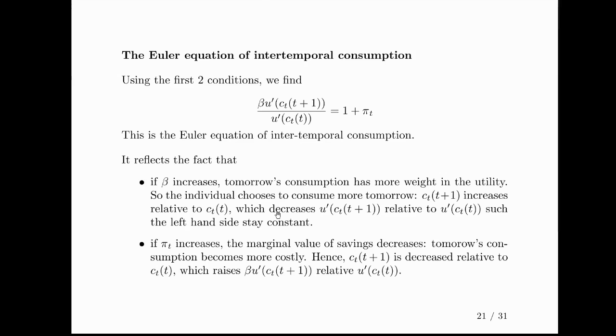Here I didn't state the absolute change in Ct or the absolute change in Ct+1. I just stated the relative value of these two, because as we've just seen, the effect might be ambiguous. So this is a discussion with a general utility function.